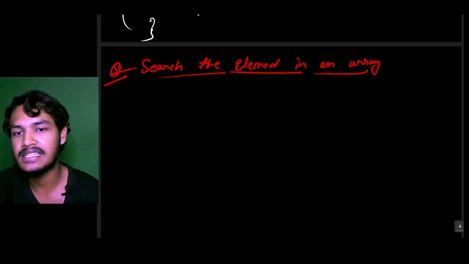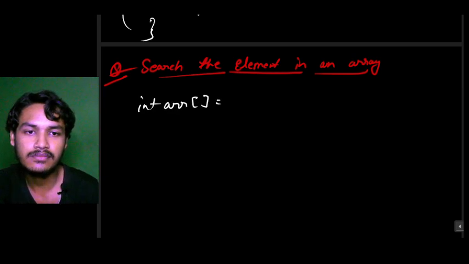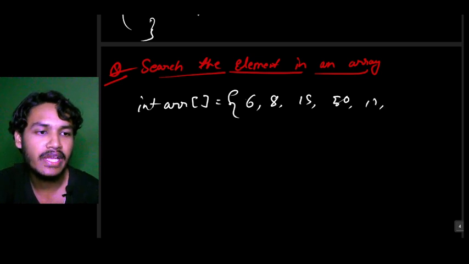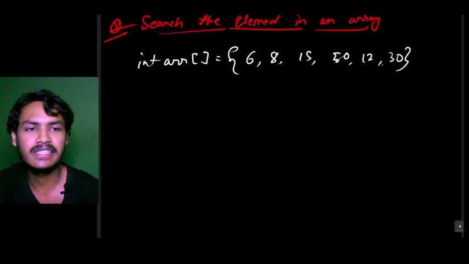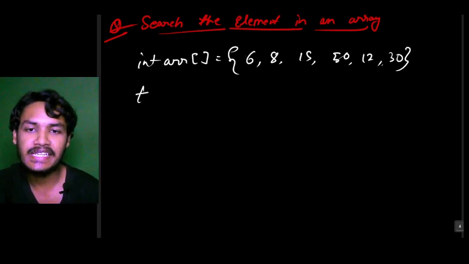How can you initialize it? Int array: 6, 8, 15, 50, 12, 30. All right, so this is the array.